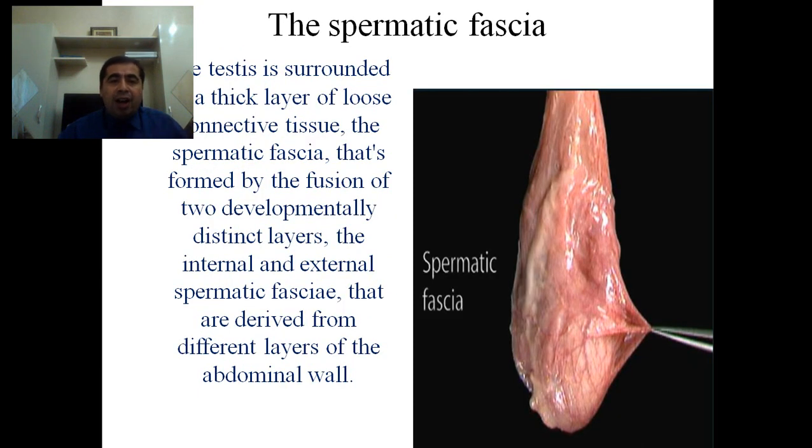The spermatic fascia. There are the external and internal spermatic fascia. The external spermatic fascia is the continuation of the superficial fascia of the abdomen, because I have explained that during the descending process, the testis also takes its coverings and descends with these coverings.